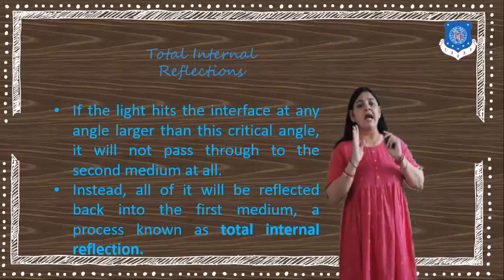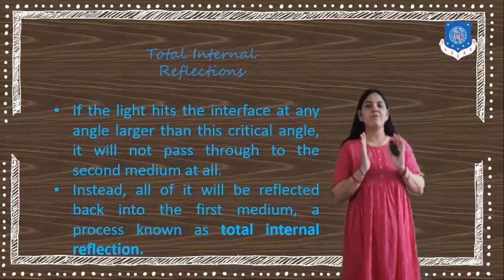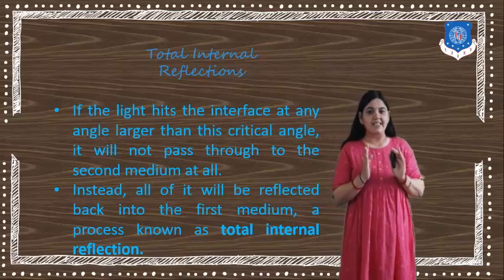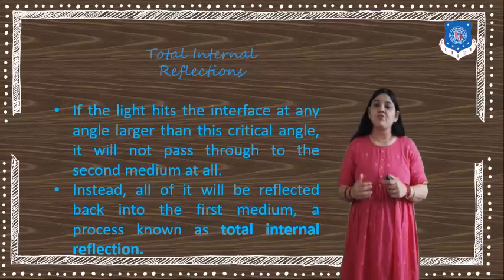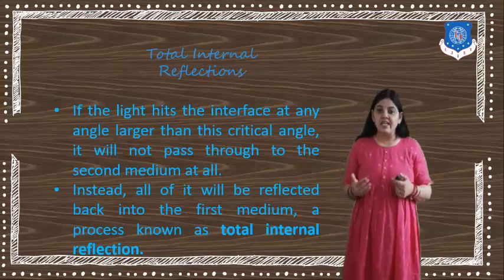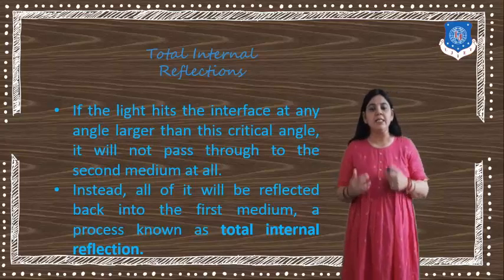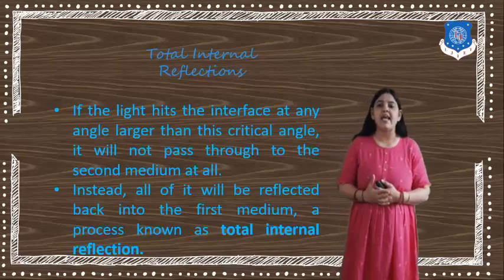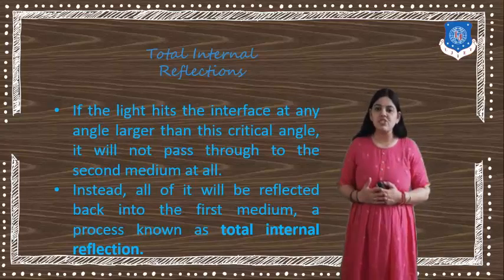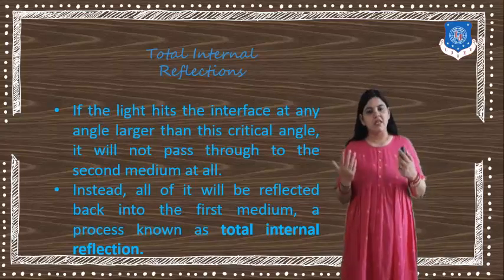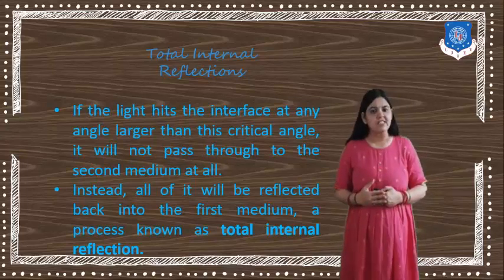Now the important aspect used in optical fiber communication is total internal reflection. If the light hits the interface at any angle larger than the critical angle, then it will not pass through to the second medium at all, and the particular ray will be reflected back into the first medium.